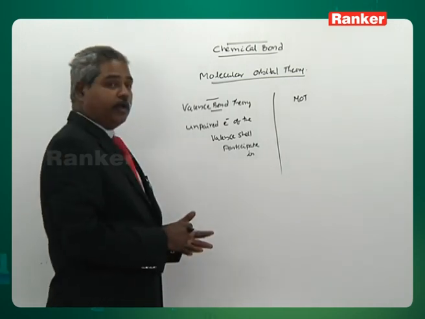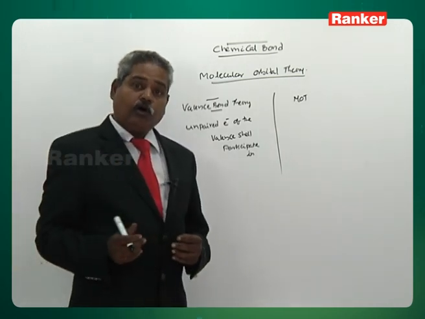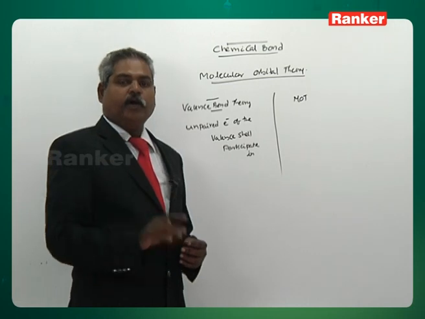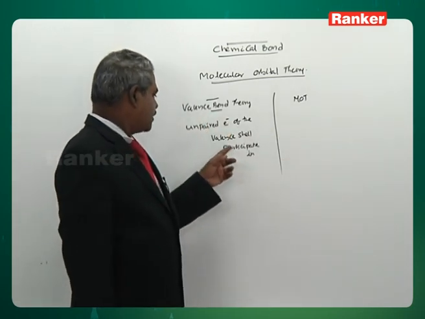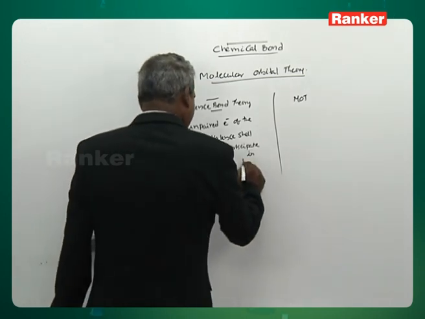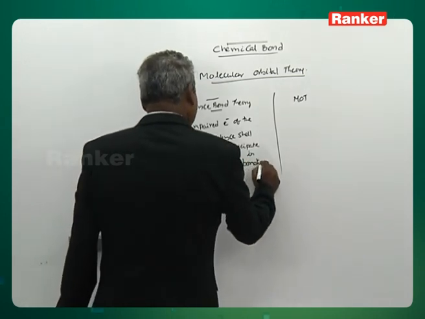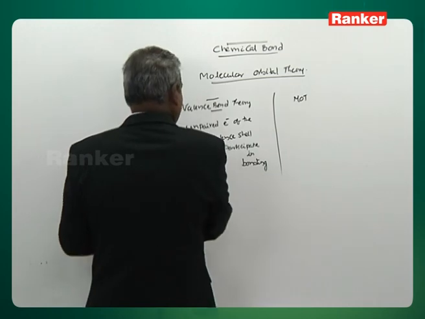And according to molecular orbital theory, all the electrons are involved in bonding. So here only the unpaired electrons of the valence shell participate in bonding, and there all electrons participate in bonding. Look here.